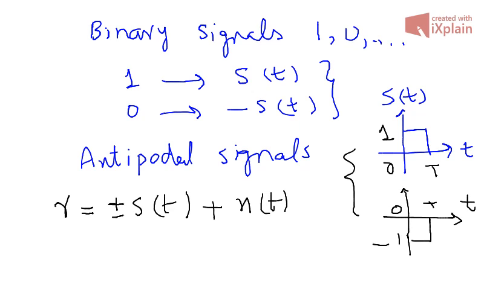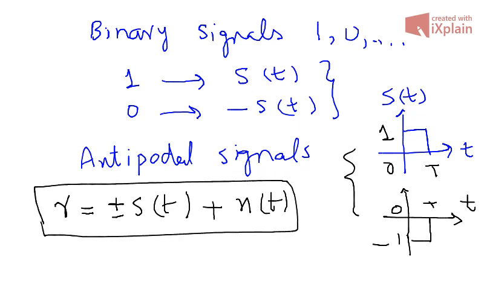Now this is your received signal, the signal which passes through the additive white Gaussian noise channel. So you have only the effect of noise in this received signal. We assume that the channel response is ideal.